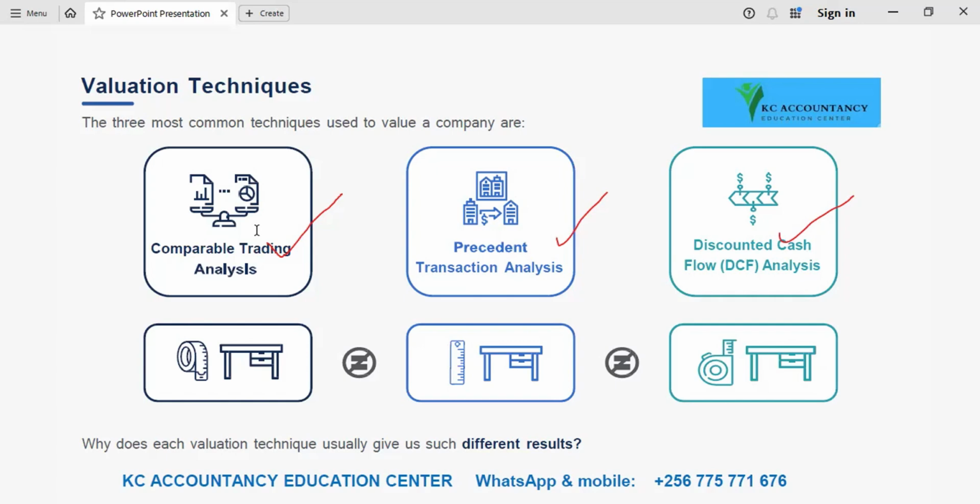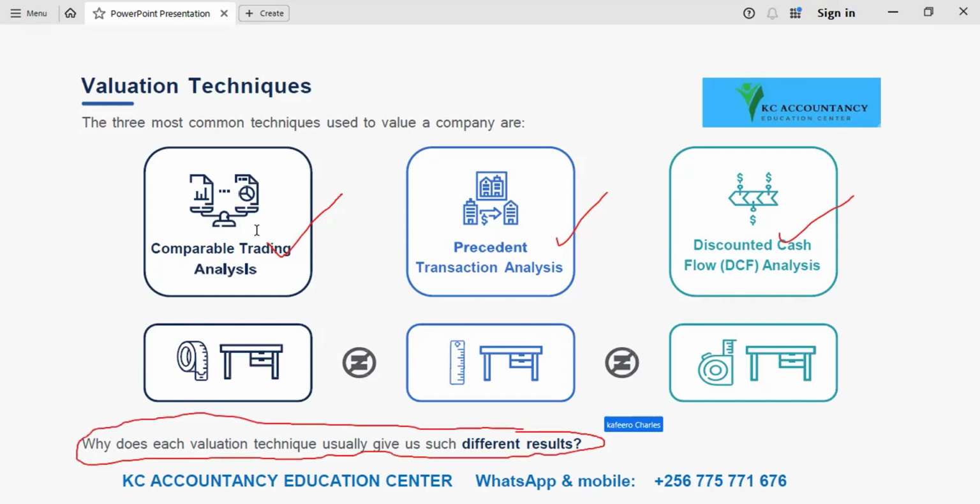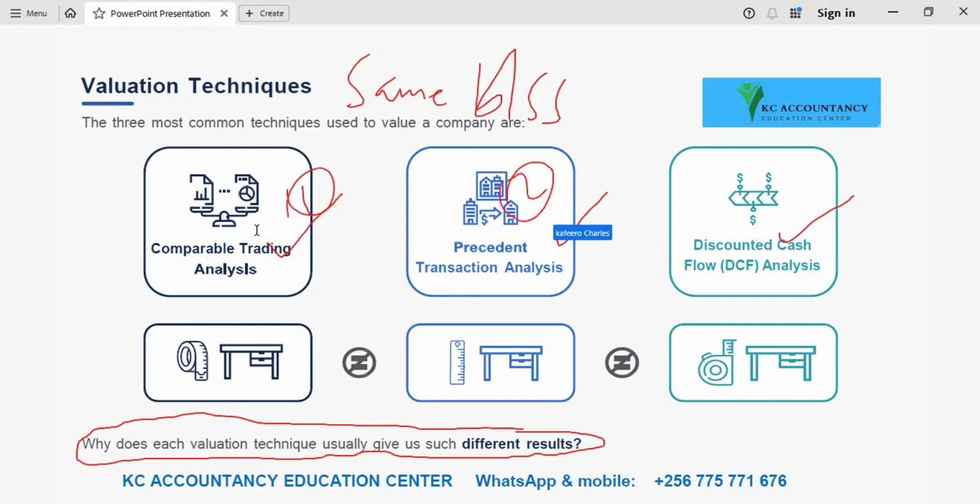We need to understand why each of the valuation techniques can actually give you a different result. Because after all, we are trying to measure the same company, just in three different ways. Same company or same business, but using three approaches.